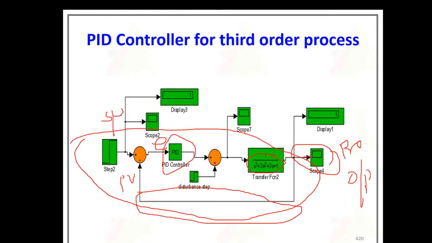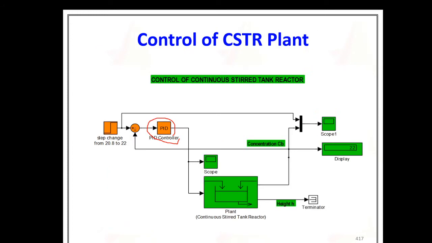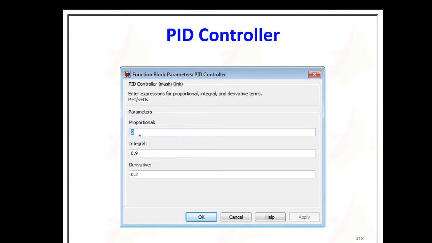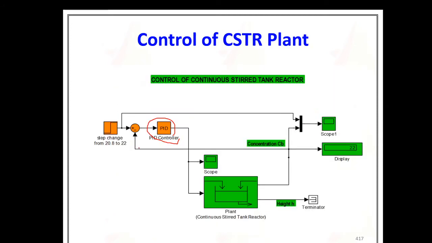This is the set point I am giving here, and this is the PD block in which I am giving the proportional and integral values of 2 and 0.9, and I am giving the controller output. I didn't give the disturbances here. This scope is for viewing the step, this is for viewing the plant output, and this is for the controller output.